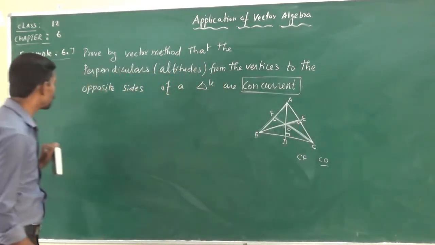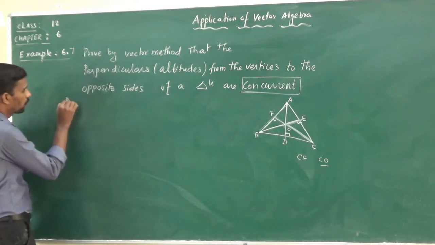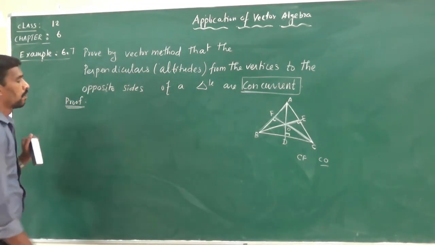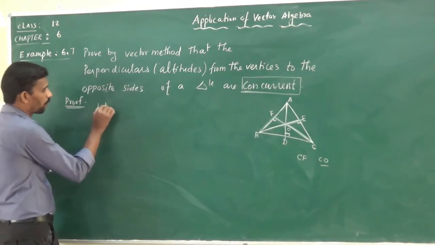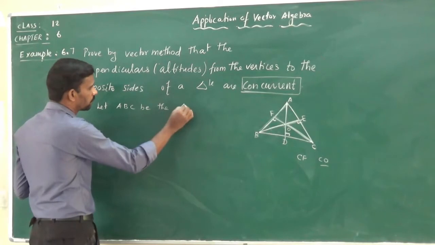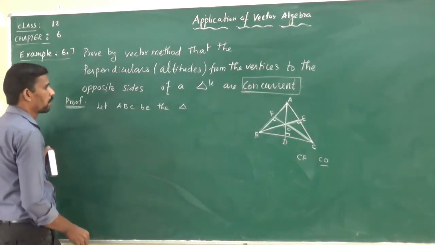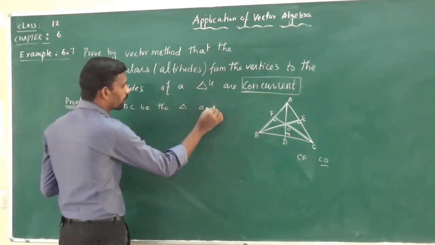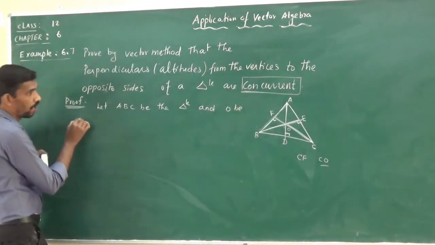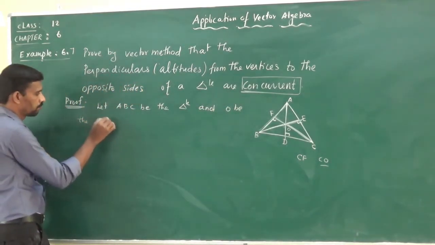Let's see the proof now. Let ABC be the triangle and O be the origin.